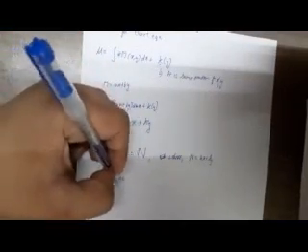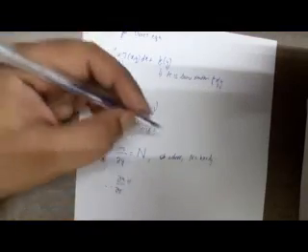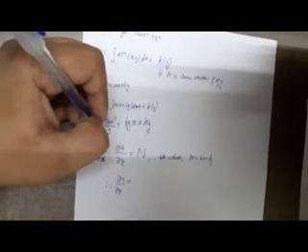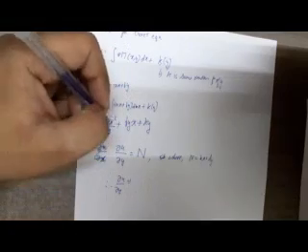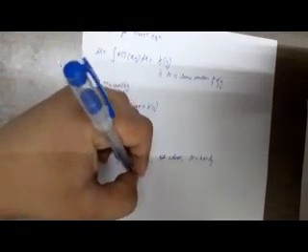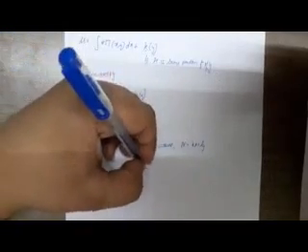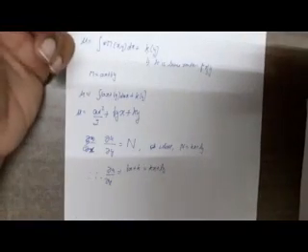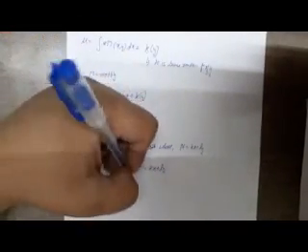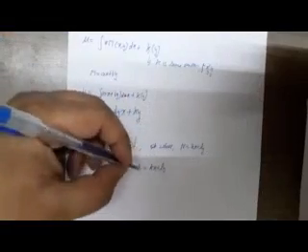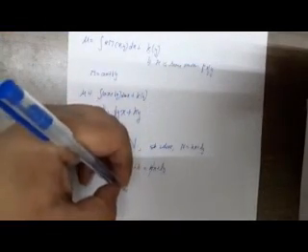Thus, on calculating del u by del y, it would come out to be bx plus k, and since this should be equal to kx + ly, we get this relation. Now previously we had proved that b should be equal to k, so these both can be cancelled out.